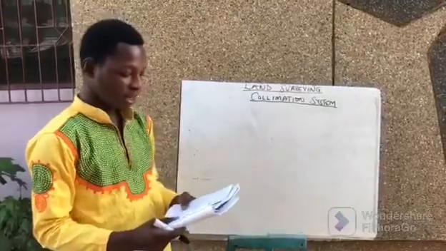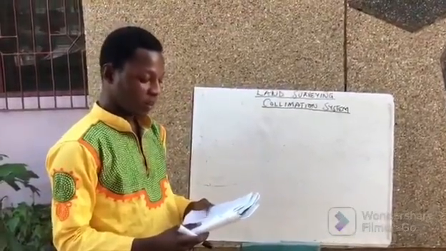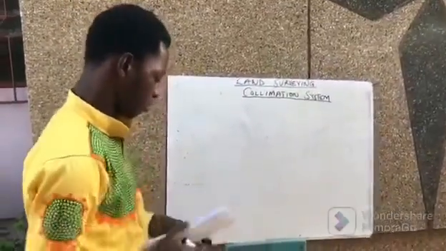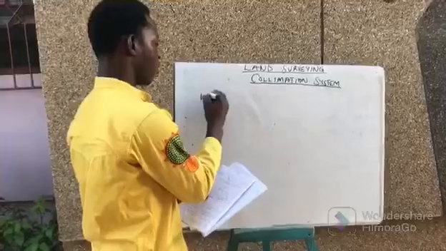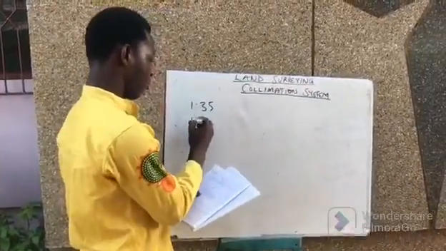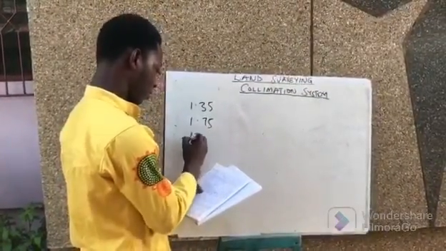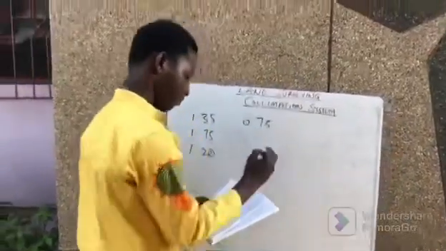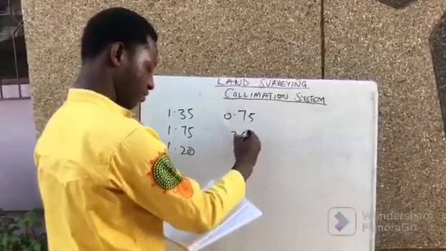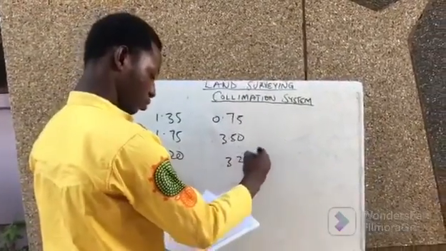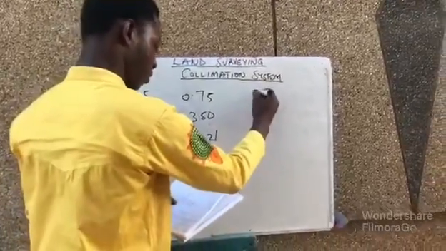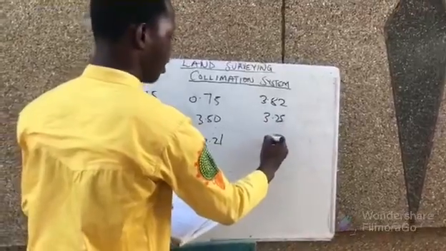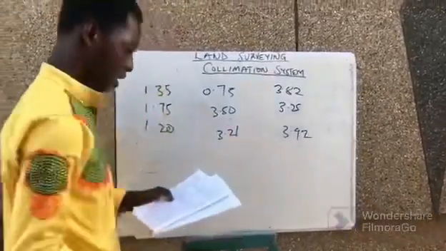The question is: the following consecutive readings were taken with an instrument, and the values were 1.35, 1.75, 1.20, 0.75, 3.50, 3.21, 3.82, 3.25, and the last one is 3.92.